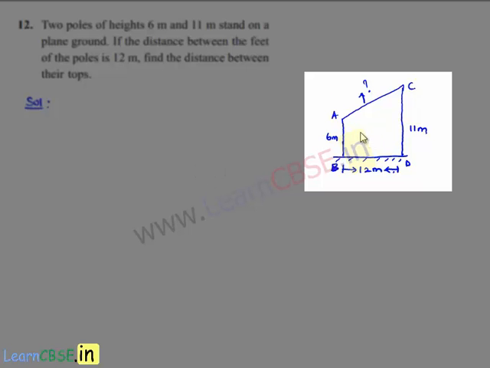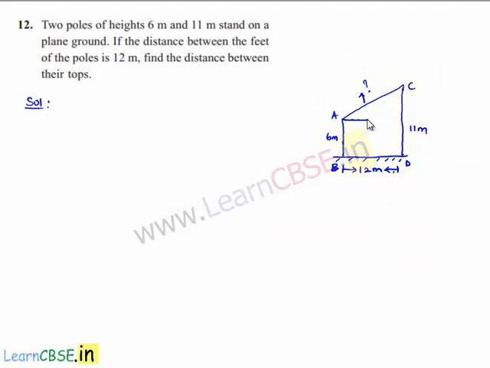In order to find this, let us draw a line joining A to CD, that is AE, such that AEBD forms a rectangle. AB is equal to 6 meters, CD is equal to 11 meters.